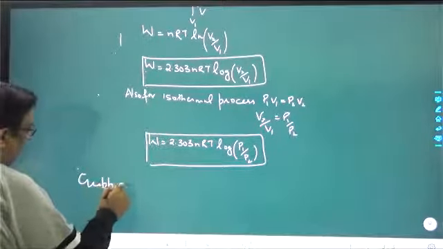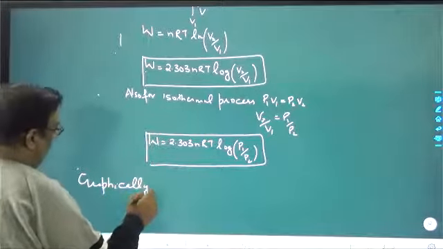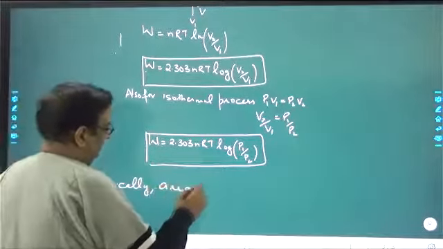Graphically, the area under the pressure volume curve is the work done.